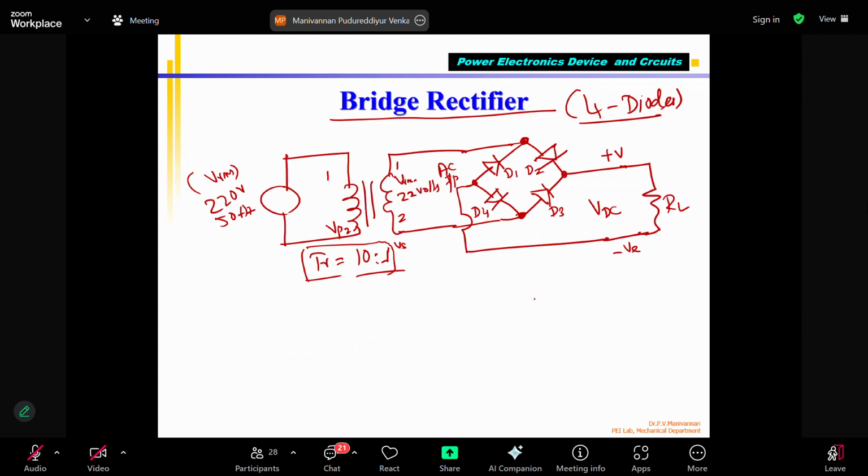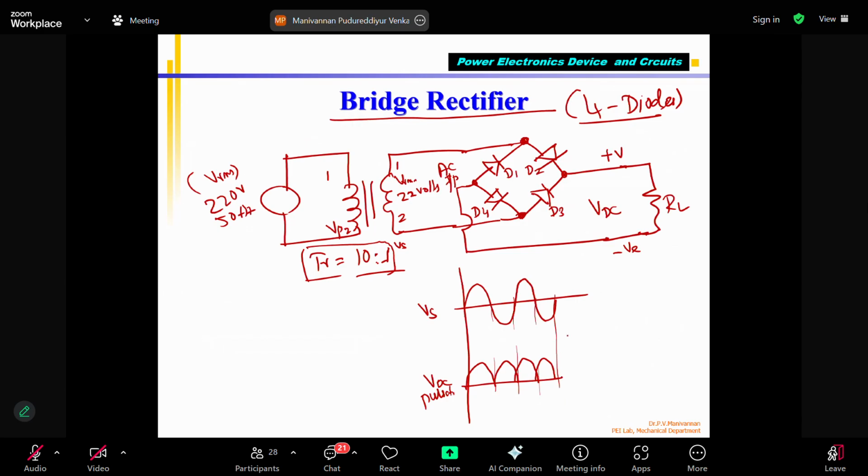So we'll draw the waveforms. It is repeating. I am showing 2 cycles. My output will be exactly the same as the full wave rectifier. The only thing is, please see that this is a normal transformer, not a center tap transformer. Secondary side has only 2 wires. So this is the VS secondary. This is VDC, actually pulsating, because I have not used the capacitor.